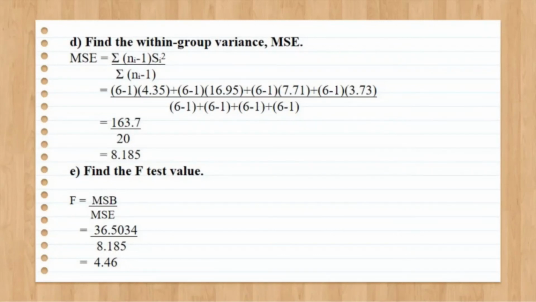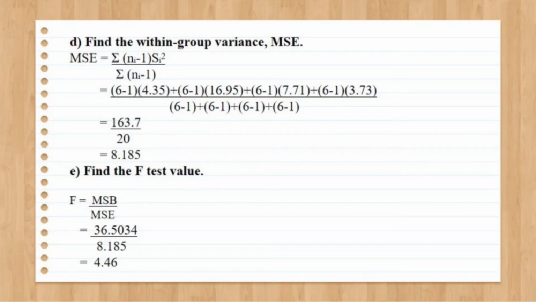We proceed to D. Find the within group variance MSE. The formula for MSE is sum of (n sub i minus 1) times s sub i squared, divided by sum of (n sub i minus 1), which is 6 minus 1 times 4.35 plus 6 minus 1 times 16.95 plus 6 minus 1 times 7.71 plus 6 minus 1 times 3.73, divided by 6 minus 1 plus 6 minus 1 plus 6 minus 1 plus 6 minus 1.